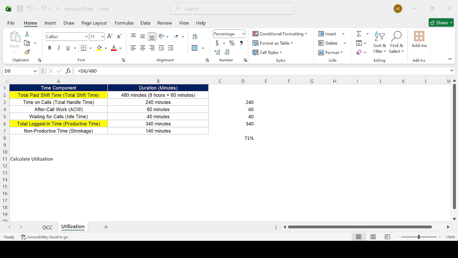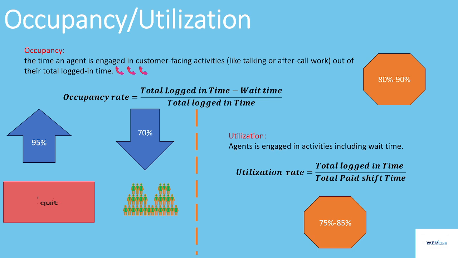For occupancy, we focus on how the agent is engaged with the customer, how much time he's logged in and handling the customer, how many minutes he was really busy or engaged with the customer, not only having wait time. So when we exclude the wait time, we say that this guy is supposed to be logged in for 6 hours. He was engaged with the customer for only 5 hours, and he had wait time for 1 hour.